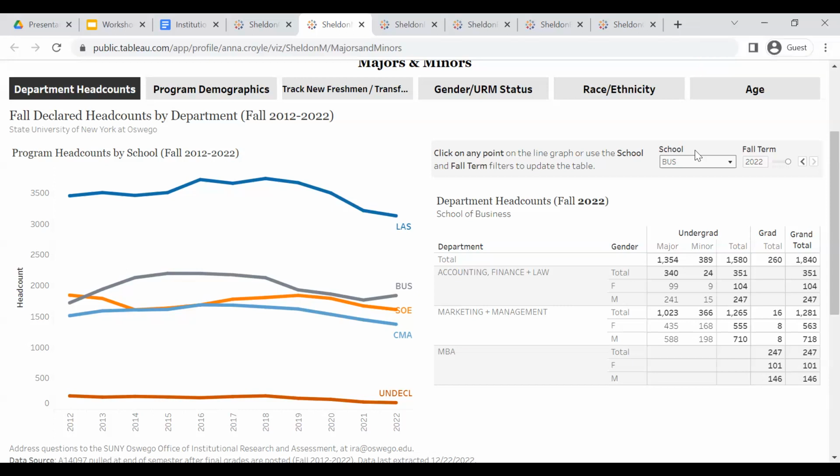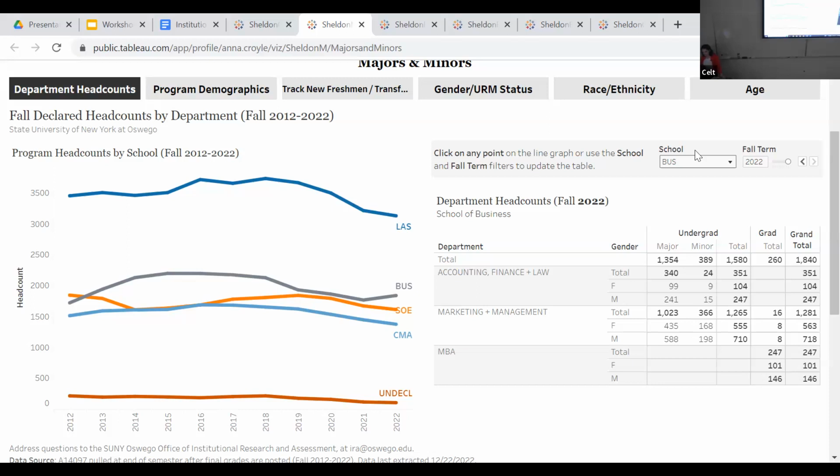So I have another question. Go ahead. With tomorrow being the start of Pride Month, I'm noticing only male and female in these gender statuses. Yes, that is a great question.